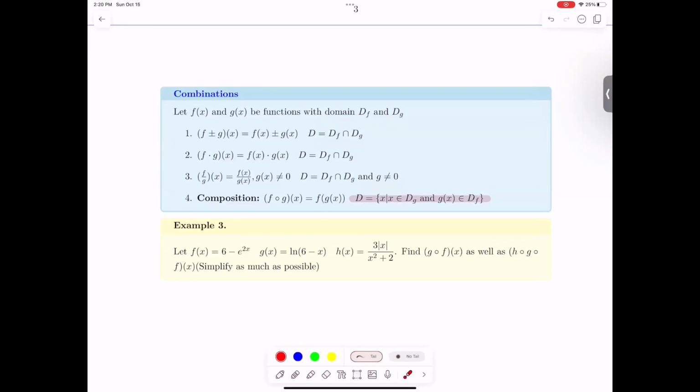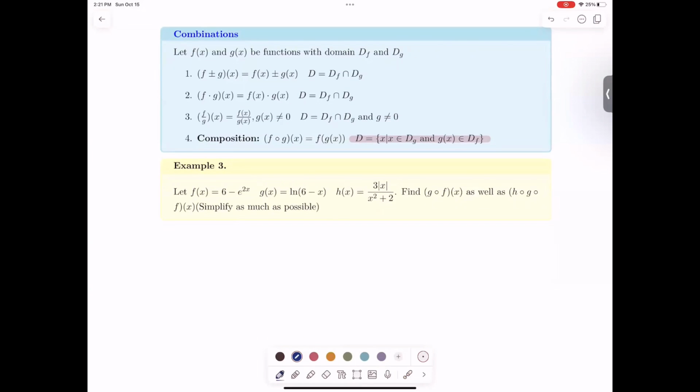You take x in the domain of g, so x in the domain of the inside function, where the inside is in the domain of the outside function. This is also important in 102, okay? That's why I will spend time, but I don't have an example now. The example will be posted later.